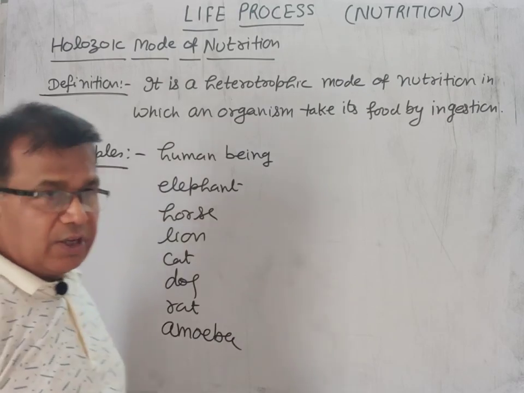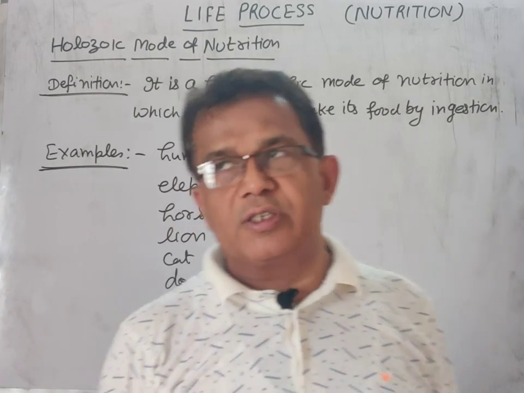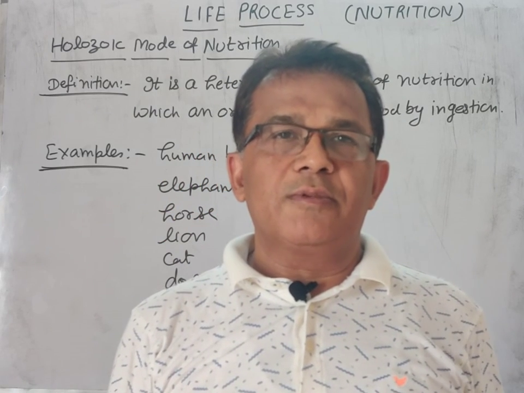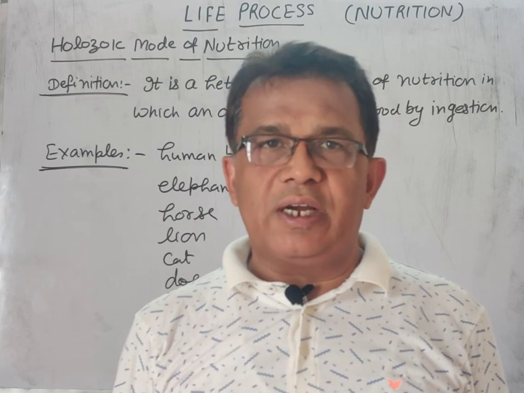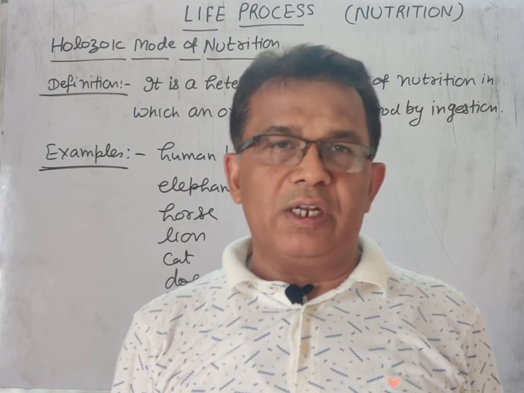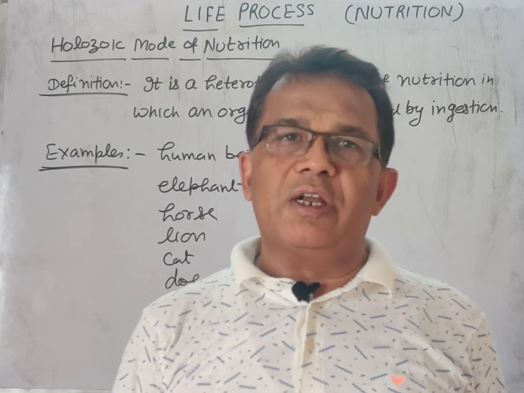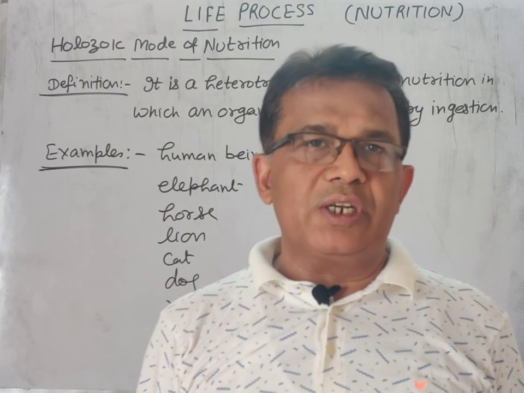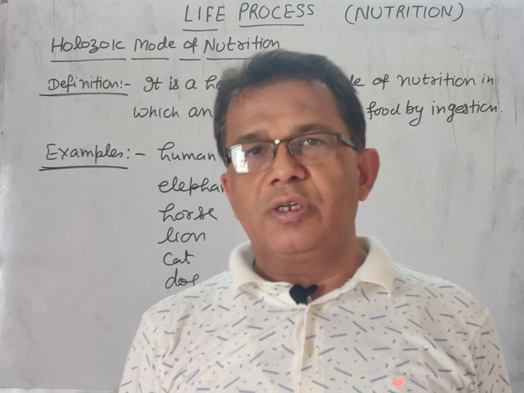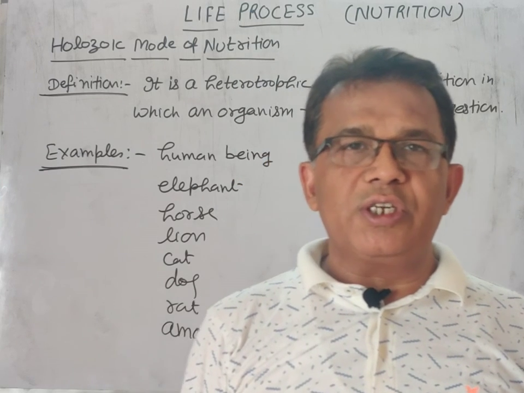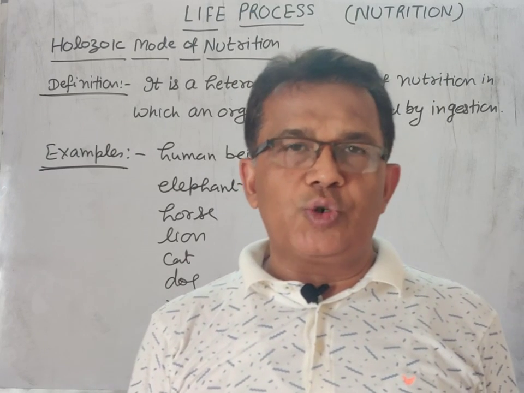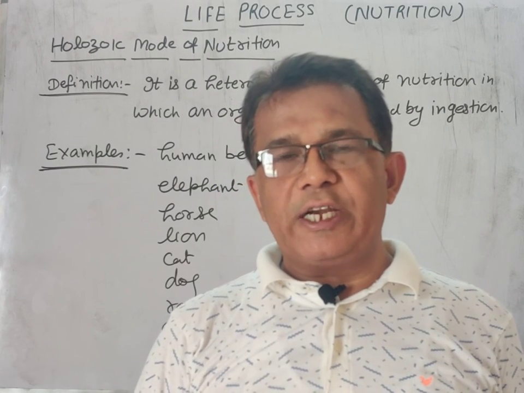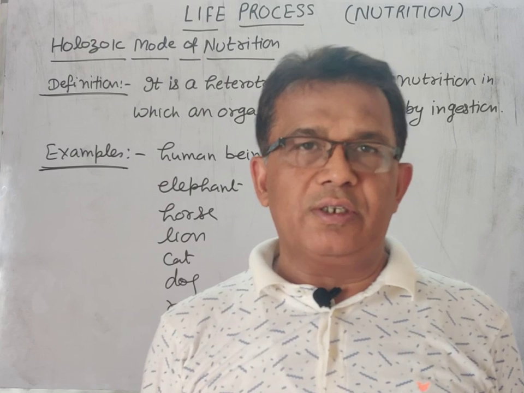So thus, in the first class of life process, we have studied that movement is the most important criterion which decides whether an organism is living or not. Life processes are processes which are necessary to maintain life. We have to study nutrition, respiration, transportation and excretion. In nutrition, we have studied that nutrition is taking of nutrients and utilization of nutrients.